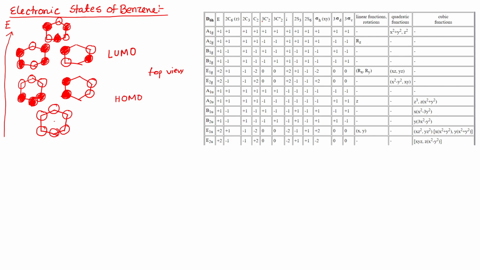But what about the C dash 2, which is along the atoms? Then actually you are going to get a minus one. Okay. Then what about the C double dash 2?